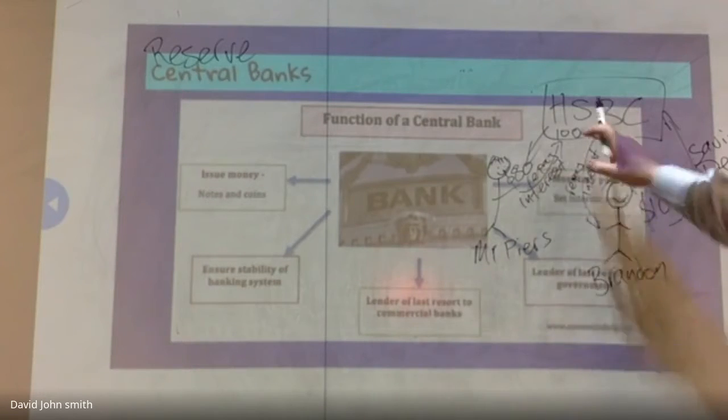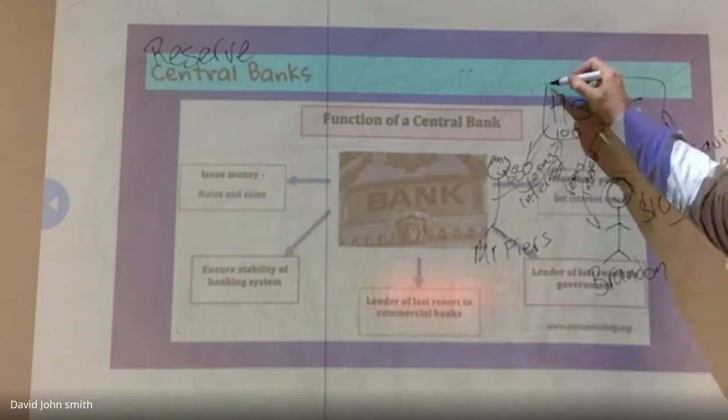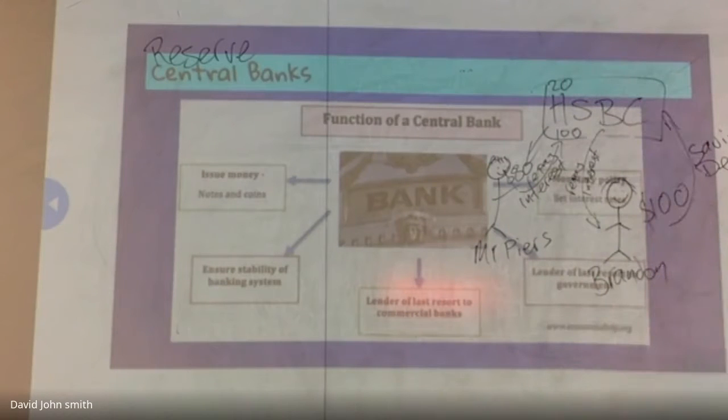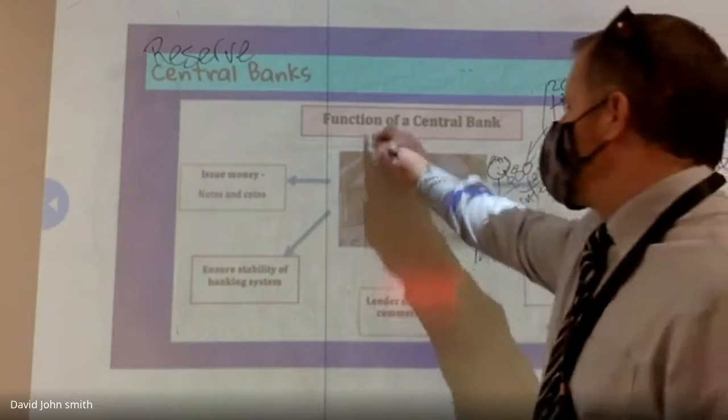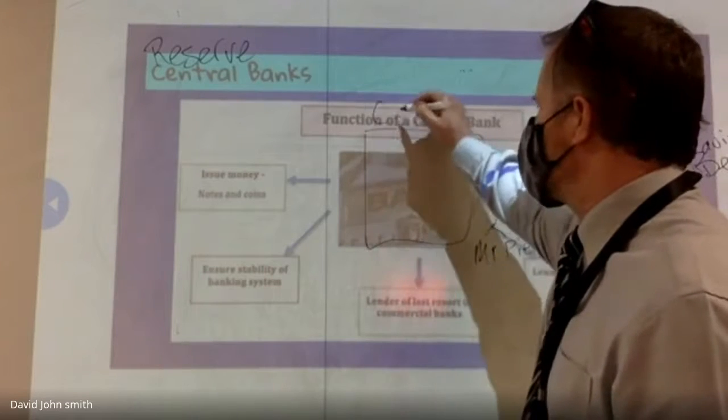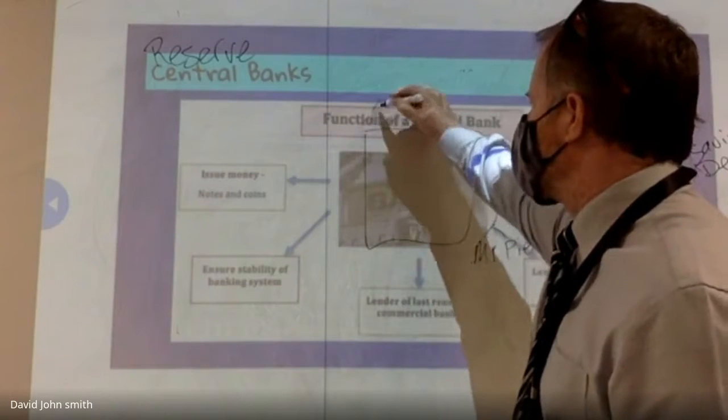But that's only 80 of the 100, so HSBC still have $20 left. Well, again, it's not making them any money, just sitting in their account, so they want to do something with it. So here is the central bank, which we're going to call Bank Negara.